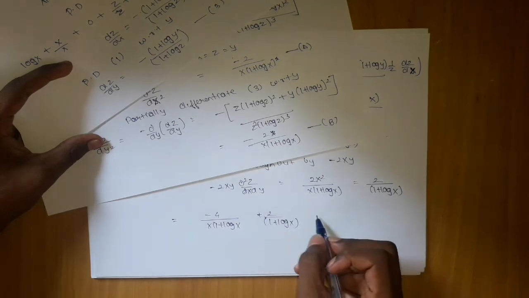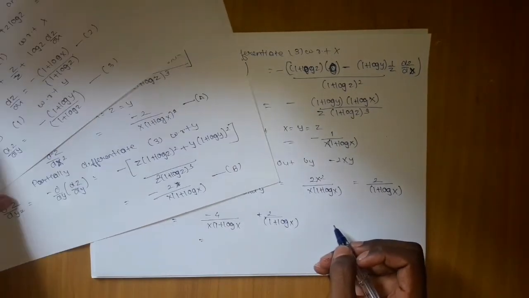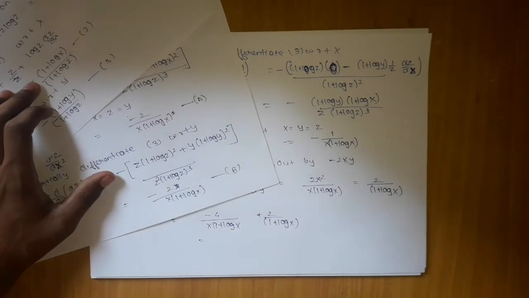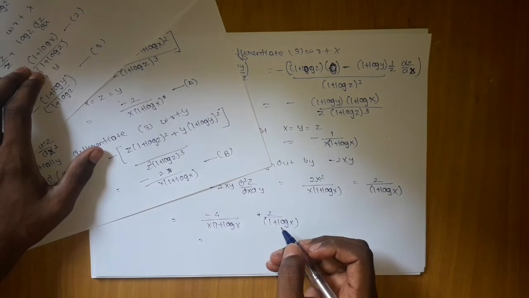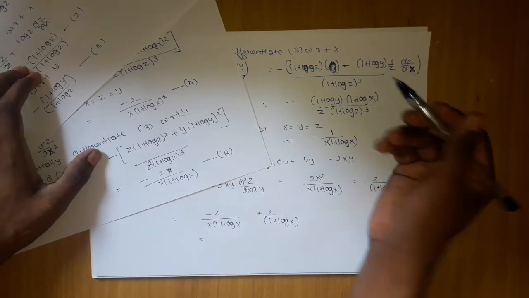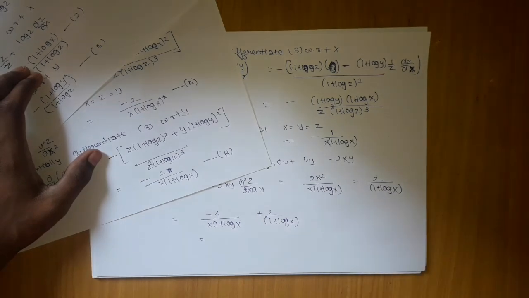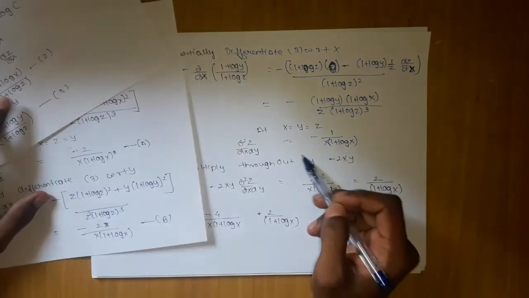Here if I multiply and divide by x, I am going to get, here we multiplied by 2x square, right?